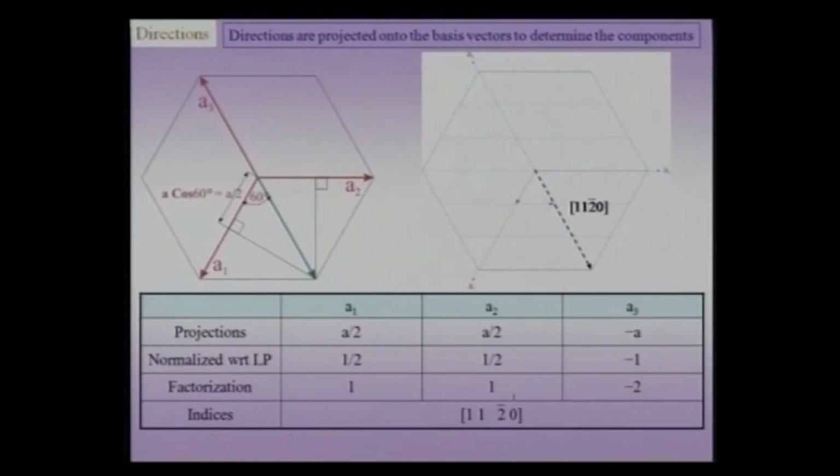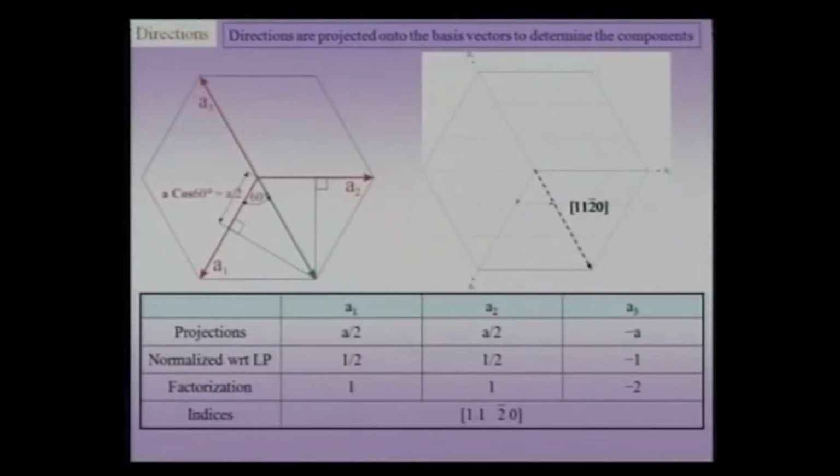So let me go through the procedure again for this green vector. I draw the green vector and use my 3 basis vectors on the basal plane. I take my projections along the 2 vectors A1 and A2, and also the A3 vector, but as you can see I do not actually have to take the projection along the A3 vector, because I can derive it from the first 2 indices. Like here, the HKI, I is minus H plus K, so it is minus 1 plus 1, which is minus 2.